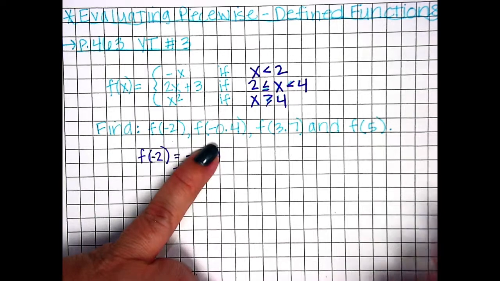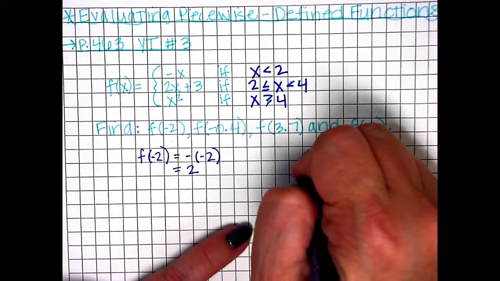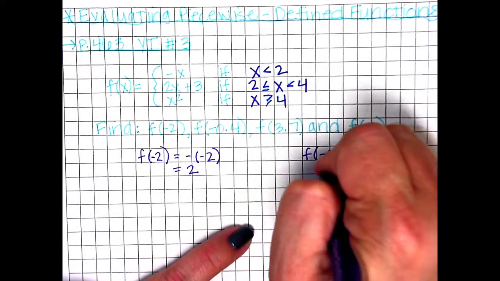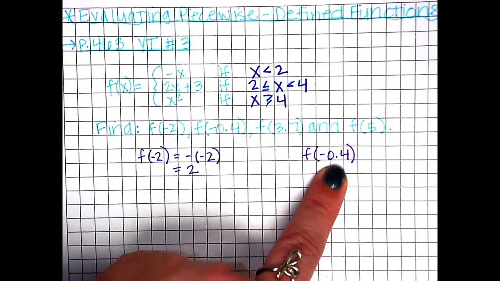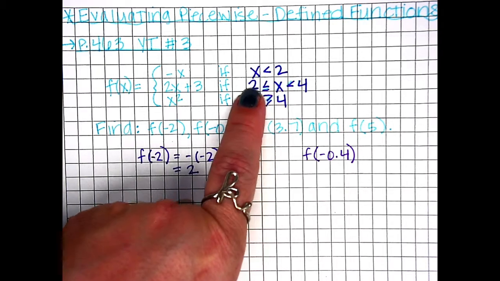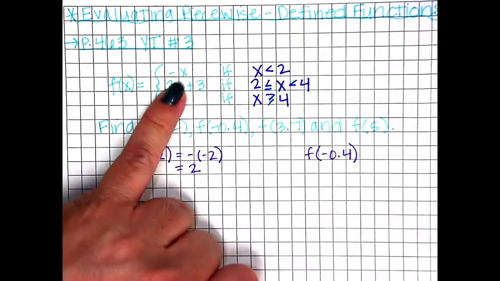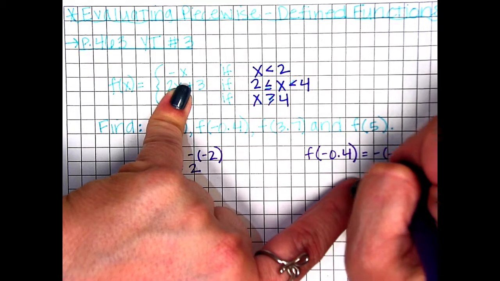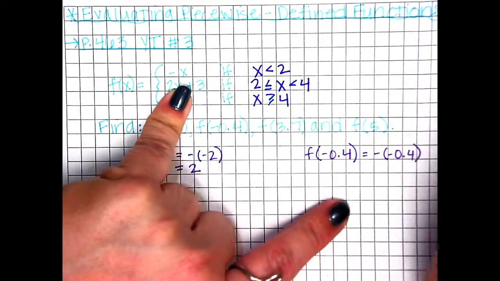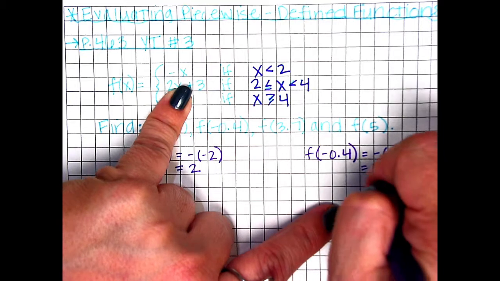Okay, my next one says f of negative 0.4. Negative 0.4 is going to, again, have to go into the x is less than 2 equation, which is negative x. So we have negative negative 0.4, which is a positive 0.4.